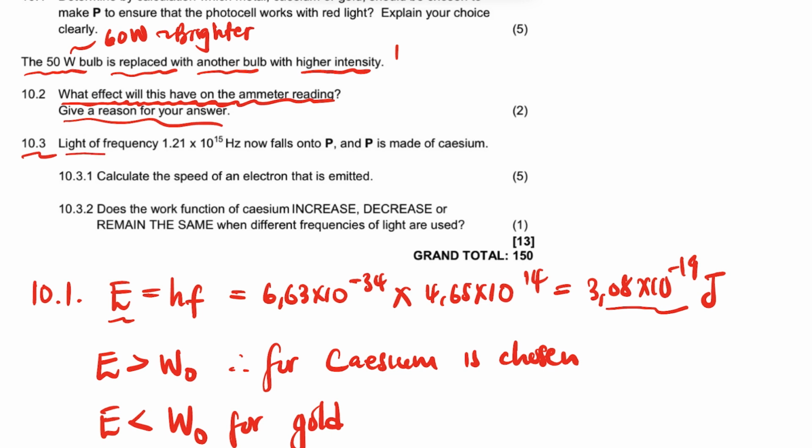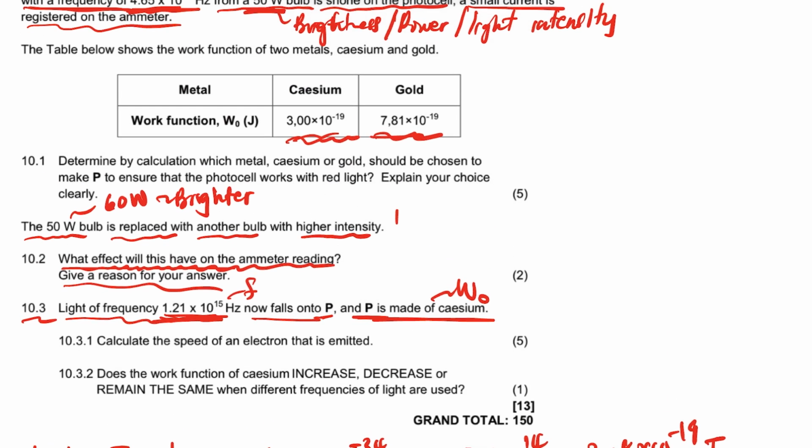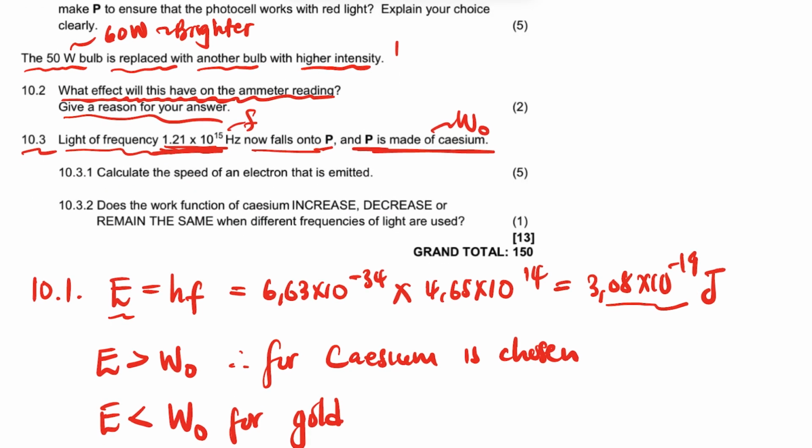10.3, light with this frequency now falls on metal P, and P is made of cesium. So the metal P is cesium, and this light has this frequency, and we know the work function of cesium, right? Now the question says, calculate the speed of the electron emitted.